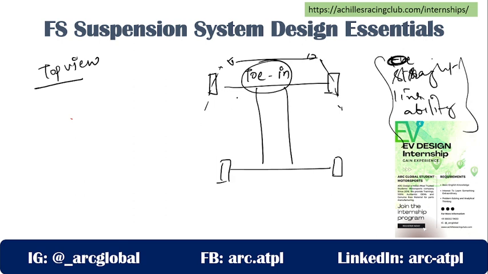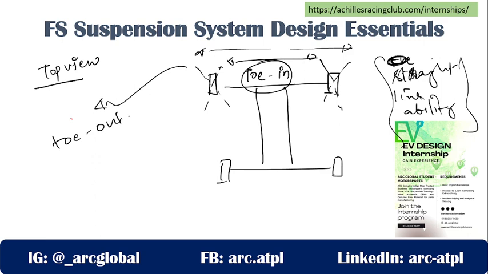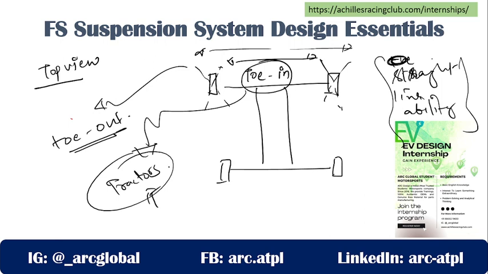Okay, toe in. If both of these tires are inclined outward like this, then we will call it toe out. Toe in and toe out phenomena are generally observed in karts. Yes, even in your vehicle you can have it.